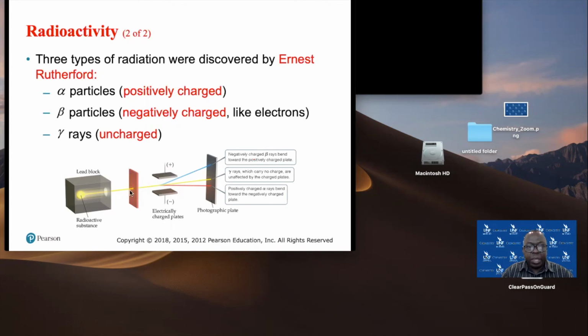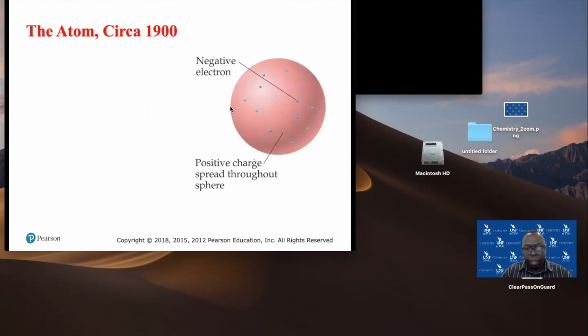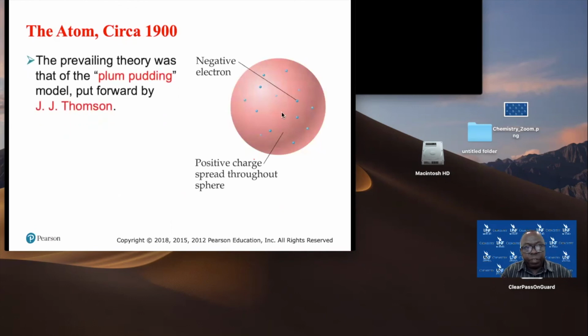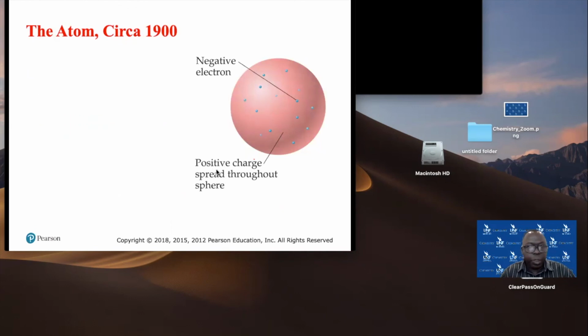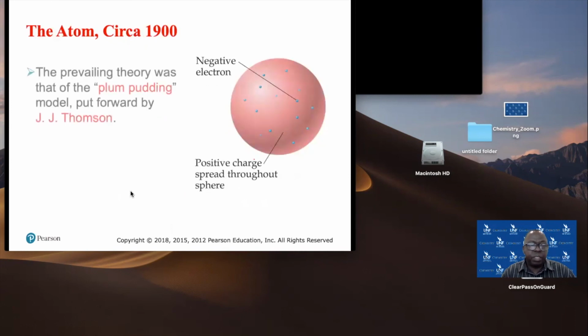Protons in the nucleus of the gold atom. The positive charges interacted with the positive particles, and it bounced back because positive and positive could not mix.